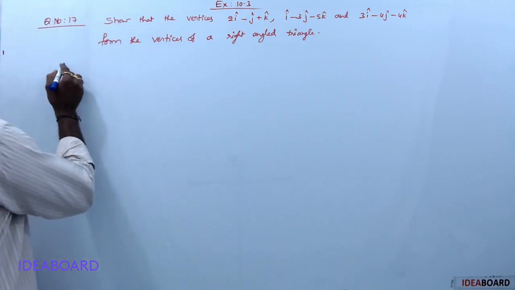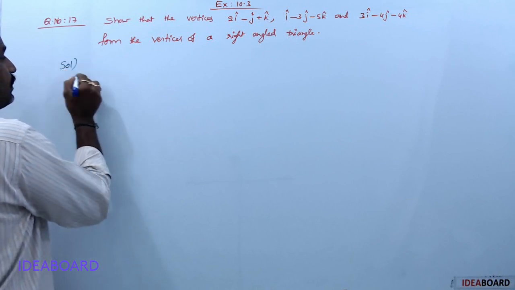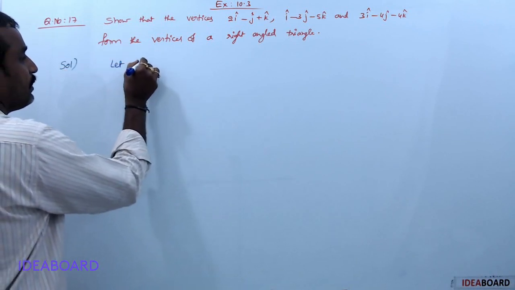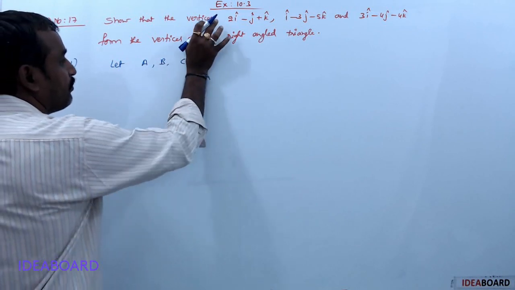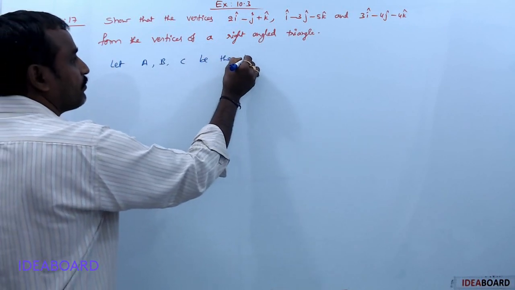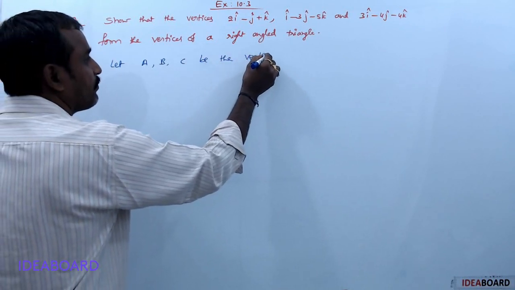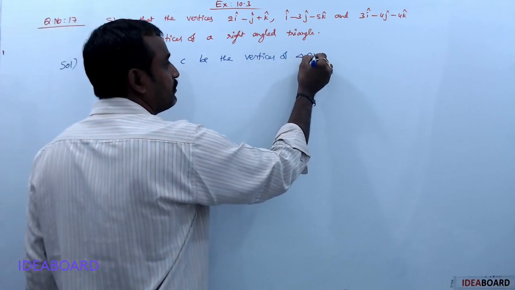Now you can take the given vectors as position vectors. Solution for this: let A, B, C be the vertices of a triangle ABC.